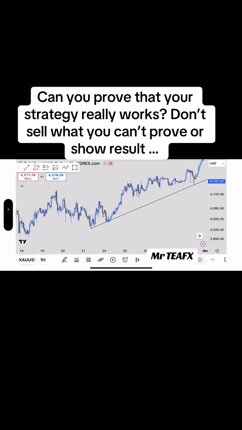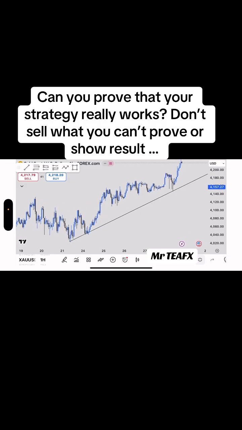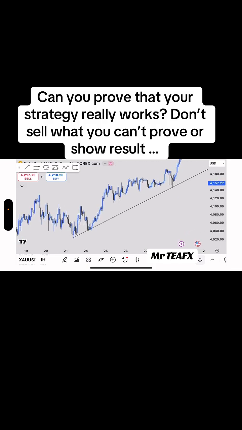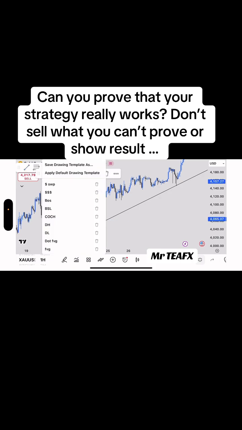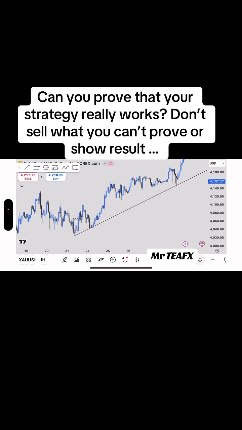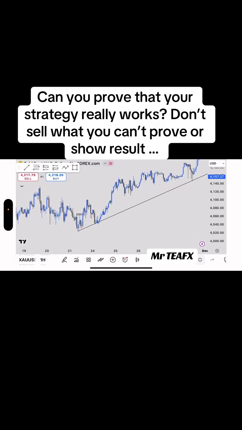Now when you look at this trade from the 1 hour time frame, you are going to see that there is a change of character here. I'll be labeling everything so that you guys will understand what change of character, or market structure shift, is.